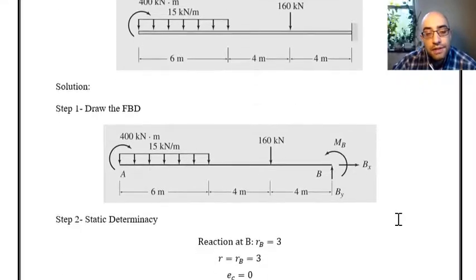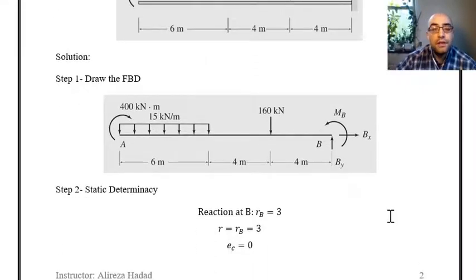Now we can move to the second step, which was finding the determinacy or indeterminacy of the beam. For this, we need to know the reactions and the equations of condition. Reactions are only these three, so R is equal to 3.